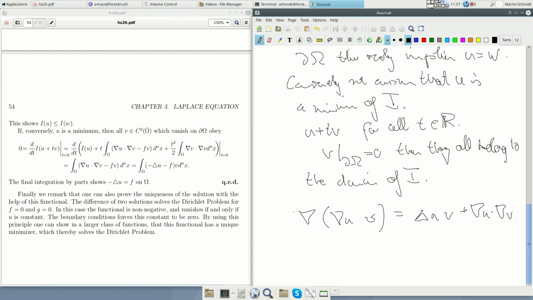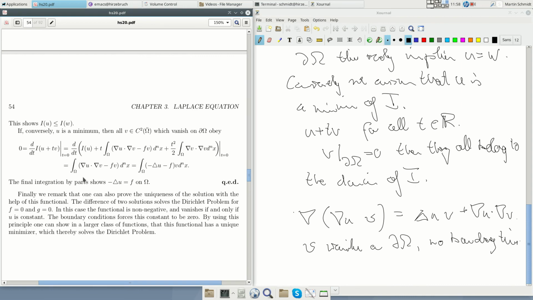Now we want to apply the divergence theorem to this vector field. v vanishes on the boundary, so we get no boundary terms. So the integral over the domain is 0 by the divergence theorem, and this is the same as the negative of this expression here.